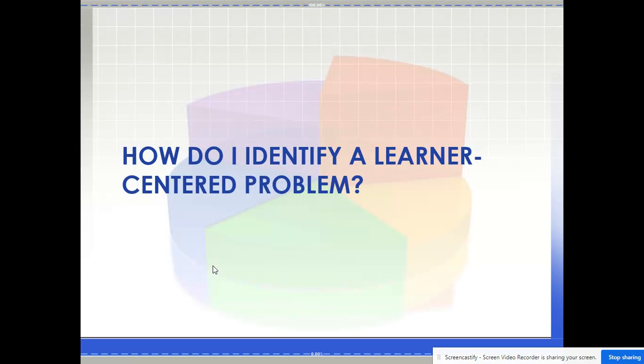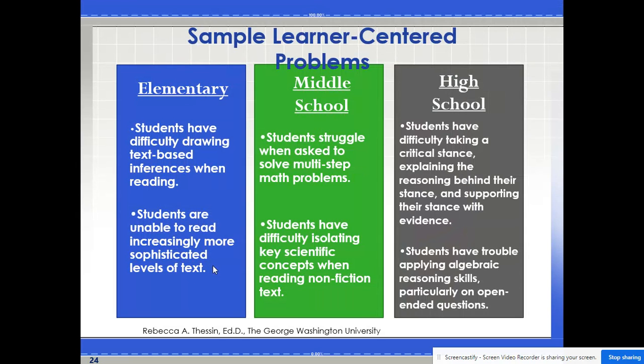Okay, so how do I identify a learner-centered problem? So here are some examples. In an elementary setting, students have difficulty drawing text-based inferences when reading. Students are unable to read increasingly more sophisticated levels of text. So those are two examples in an elementary setting. In a middle setting, students struggle when asked to solve multi-step math problems.